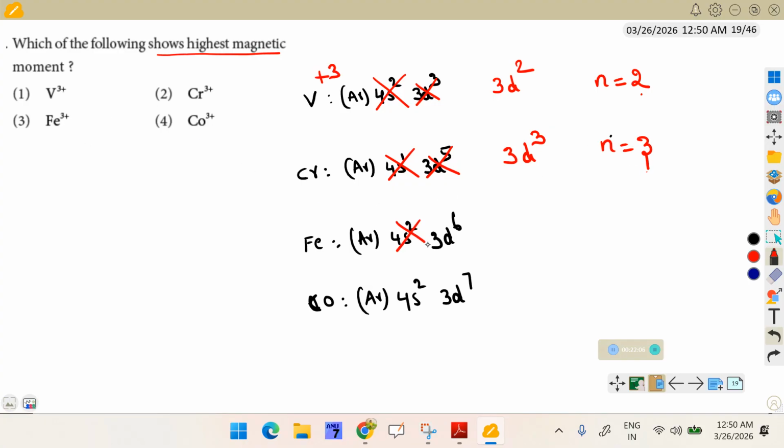Fe3 plus, remove 3 electrons, 3d5. Number of unpaired electrons is equal to 5. Co3 plus, remove 3 electrons, 3d6. Number of unpaired electrons is equal to 4. Highest magnetic moment: as n value increases, magnetic moment value also increases.